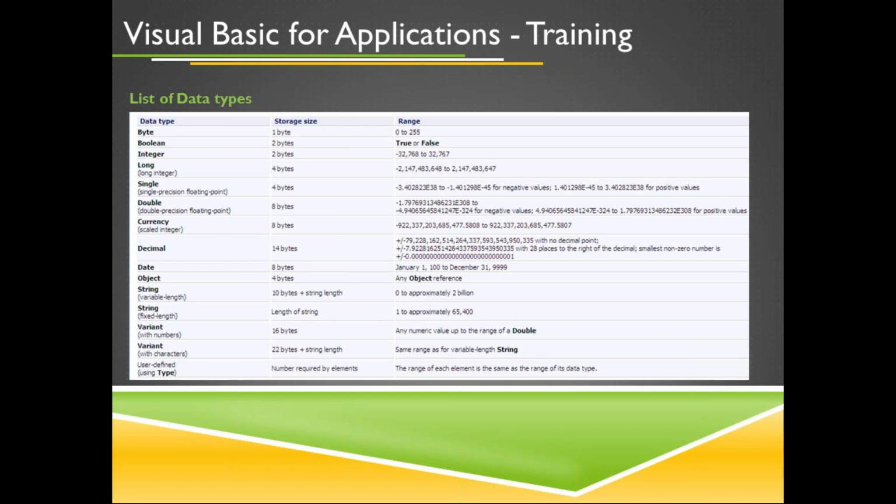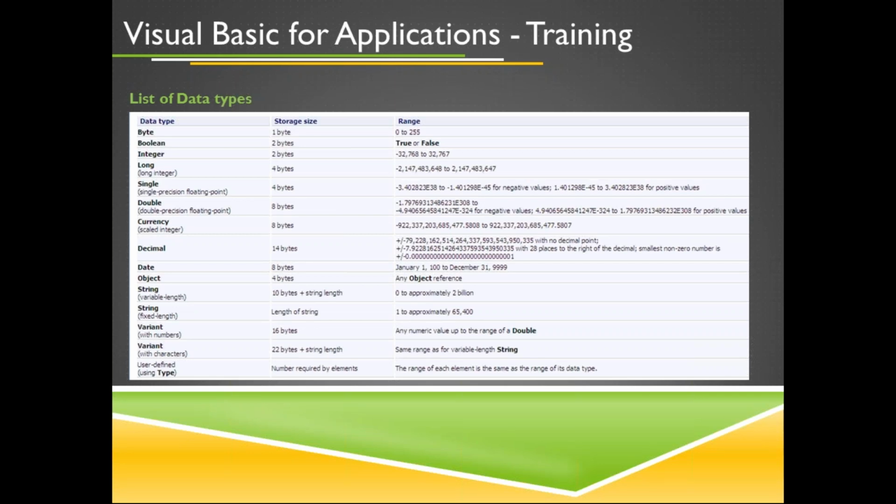A data type has a storage size and a range. Byte stores 1 byte of data, and its range is 0 to 255. Boolean stores 2 bytes of data, and it is True or False. Integer stores 2 bytes of data, and the range is from minus 32,768 to 32,767.